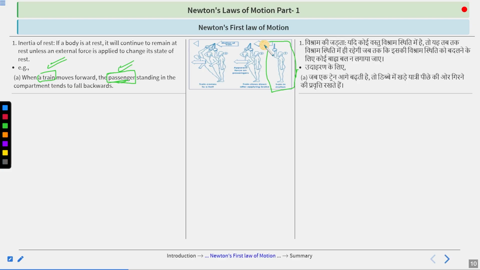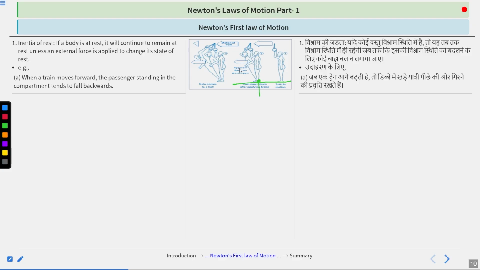If you look at this picture carefully, you can understand it better. Now we will change some facts. Instead of moving forward, the train stops. Whenever the train stops, your body was also in motion with respect to the train. But some external force is applied on the train so that the train changes its state of motion to rest. The train stopped, but you, the passenger, who was in motion but having a different body, have no force applied on you.